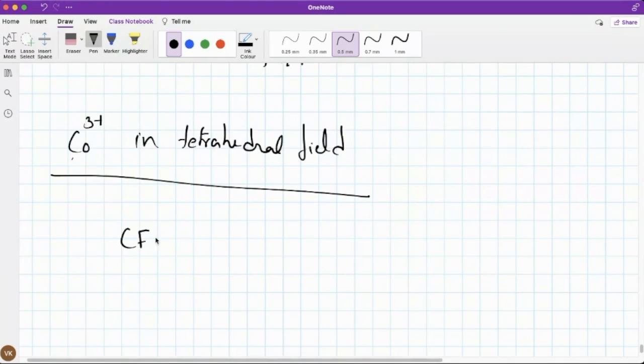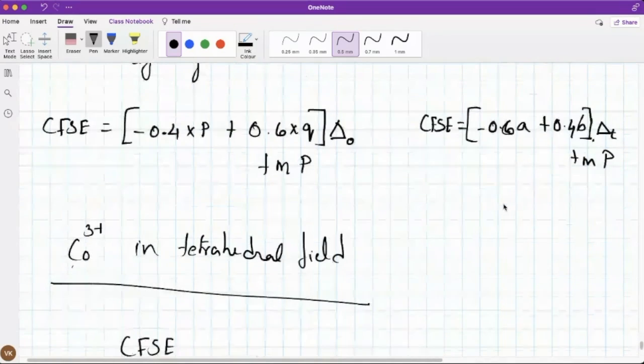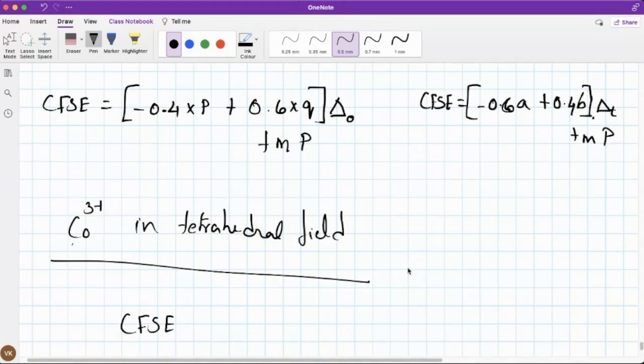You have to use the formula that you use for tetrahedral. You can use delta T itself. You don't need to worry about converting into delta naught. Use this formula itself. Delta T is lower than delta naught. How much lower? Delta T is basically 4/9 of delta naught.